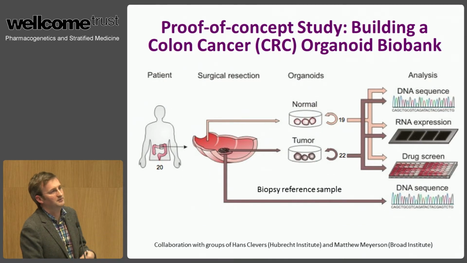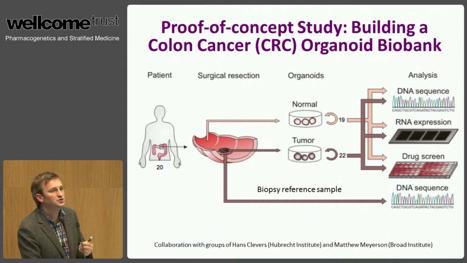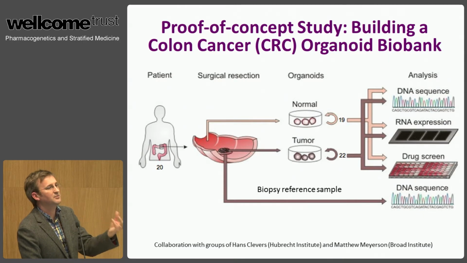We could do this with a very high success rate, over 90%. From these samples, we did DNA sequencing analysis, RNA expression analysis, and drug screening. In addition, we also always acquire a biopsy reference sample so we can compare the tumor to the original biopsy from which it was derived to see how faithfully it represents the tumor of origin.